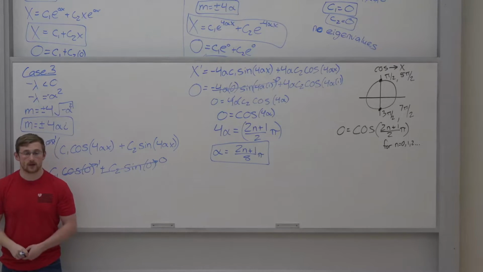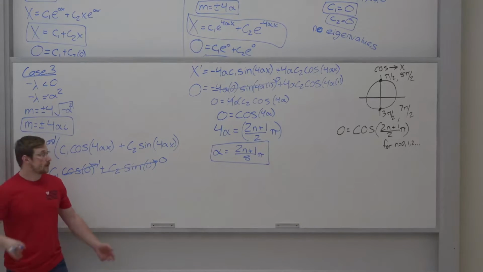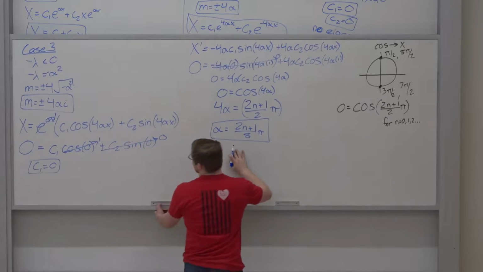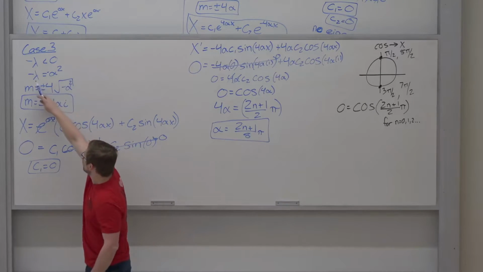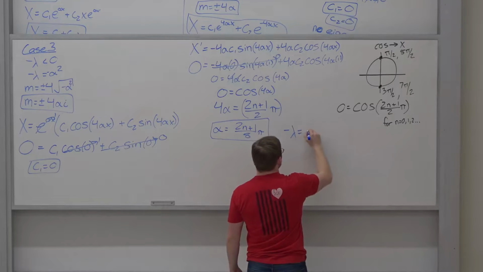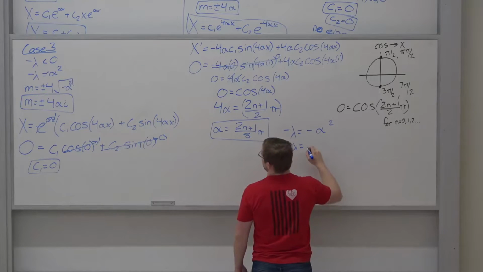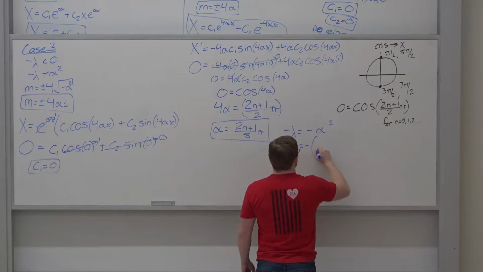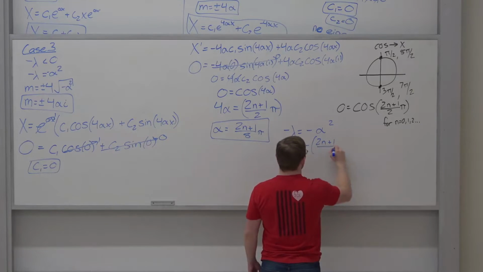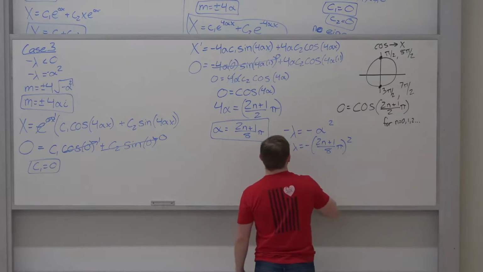But just like in the last problem, I don't care what alpha is really. I want to know what is my lambda. So I can take this and plug it in up here for where I define lambda. So negative lambda is equal to negative alpha squared, which means negative lambda is equal to negative 2n plus 1 over 8 pi squared.